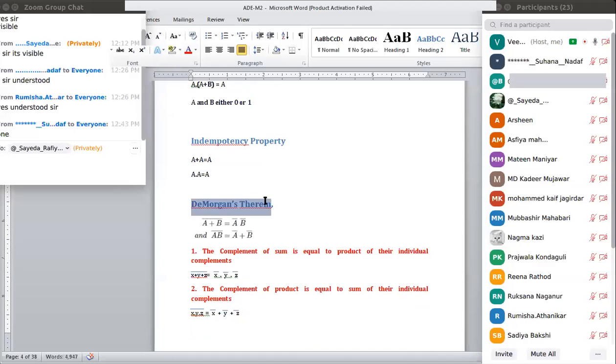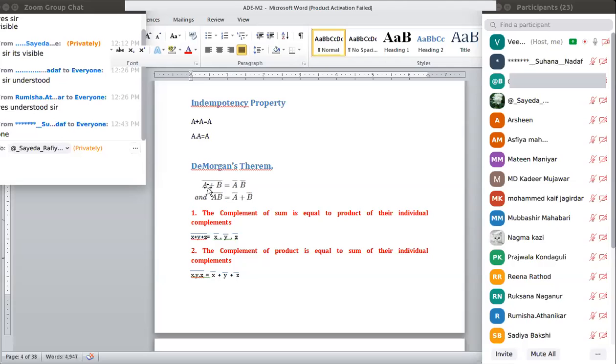Next, De Morgan's theorem. This is the most important among all the other theorems. So here, a plus b whole bar is always equal to a bar dot b bar. See, now here the plus is there and the whole bar is there.